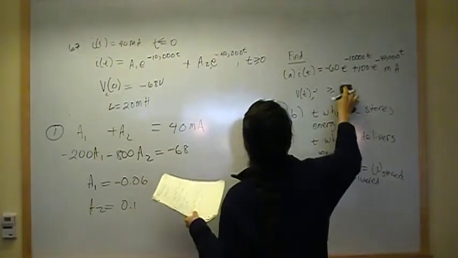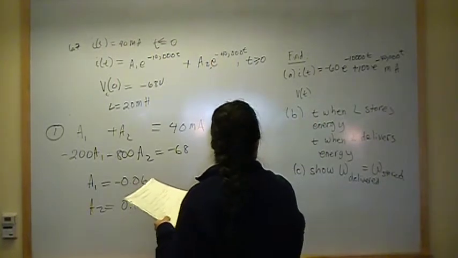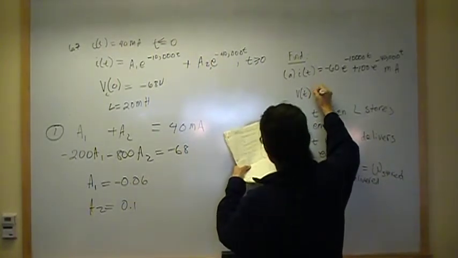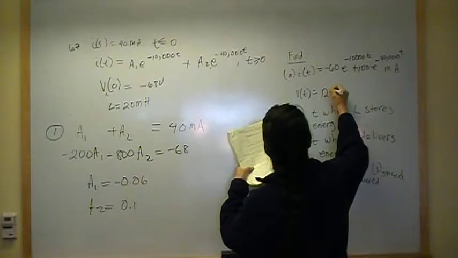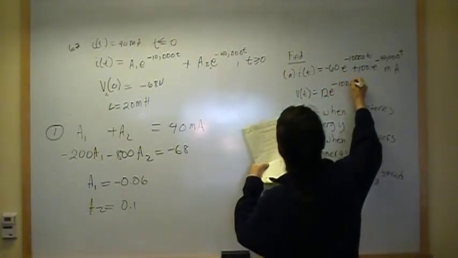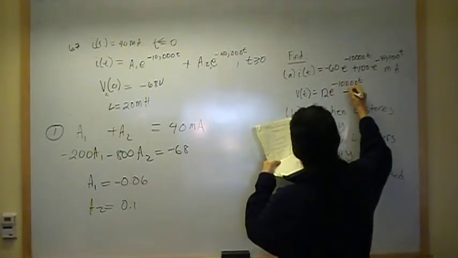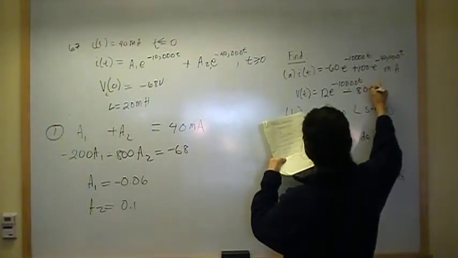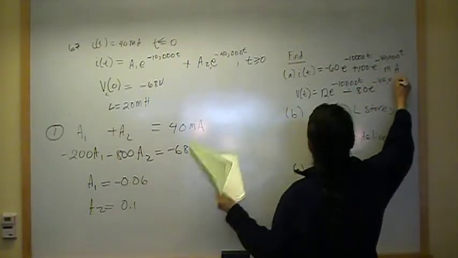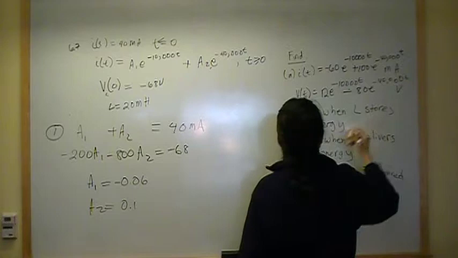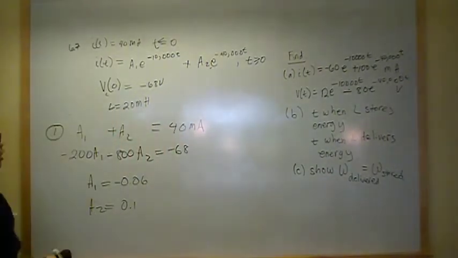And for voltage, this is going to be 12 e to the negative 10,000 t minus 80 e to the negative 40,000 t volts. Okay, that's part A.